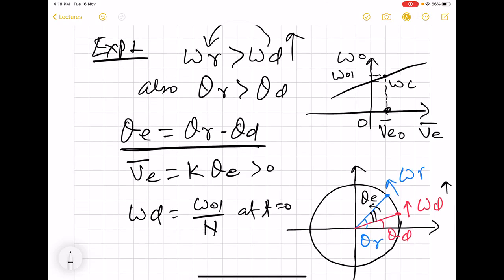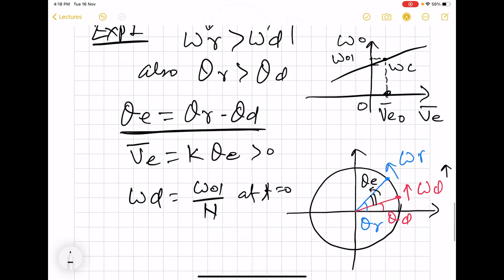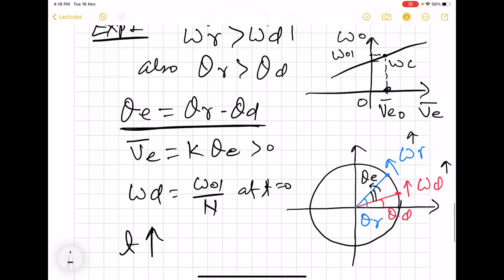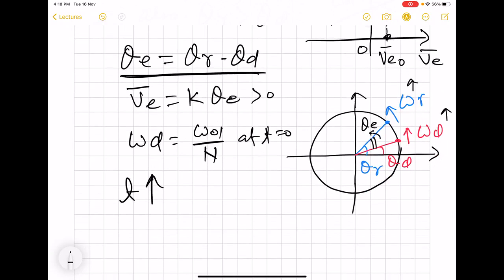Now here we see that as t increases, as the time passes, since omega r is moving at a faster rate compared with omega d, this theta e, the error, is going to increase. So as the time passes by, this theta e is going to increase.